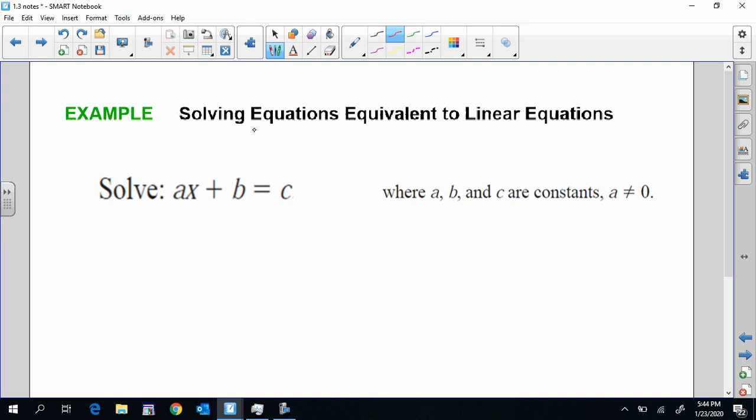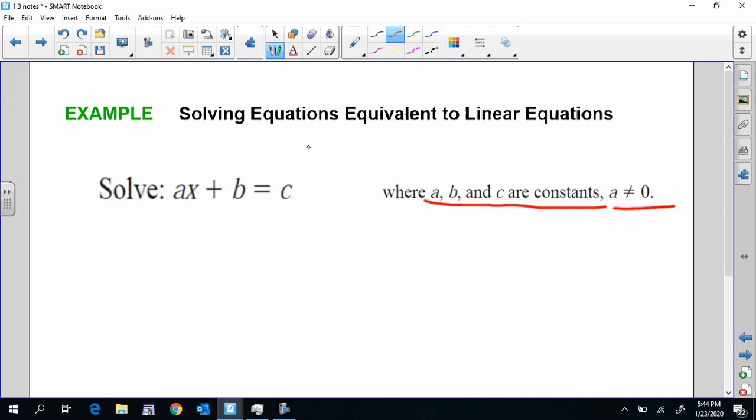Solving equations equivalent to linear equations, these are a specific type. You'll notice we are supposed to assume A, B, and C are constants. A does not equal 0, because if it did, there wouldn't be a variable, and we'd just be left with whatever constant this is equal to whatever constant that is.